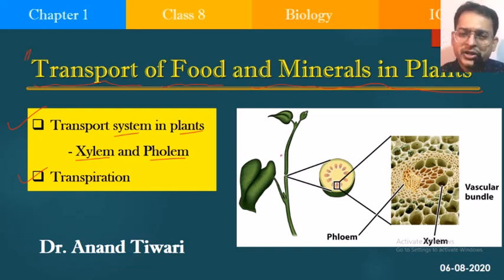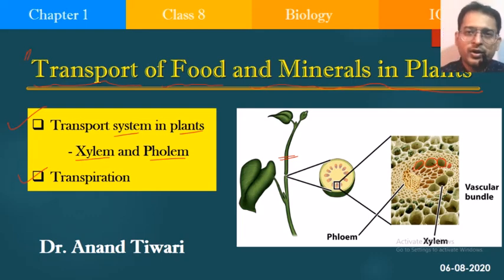When we take a section of the stem of a plant and observe under the microscope, we'll be able to observe these kind of structures. On further magnifying, we will see that they are nothing but some kind of pipe type of a system.